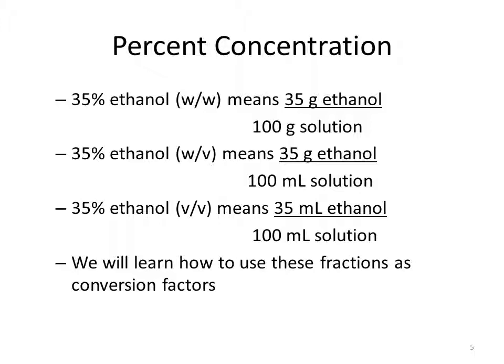So this name, ethanol, or whatever the solute is going to be, is important to be written there along with solution after gram or milliliter. It will help you think through how to do your problem. So when you write a percent concentration, make sure you have the name of your solute in the numerator of the fraction and the name solution in the denominator of your fraction.